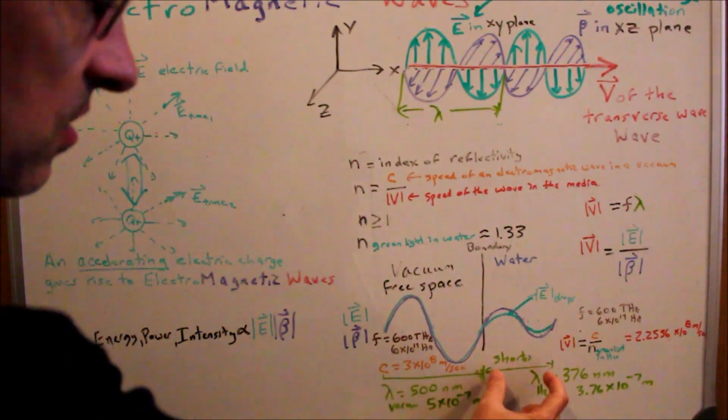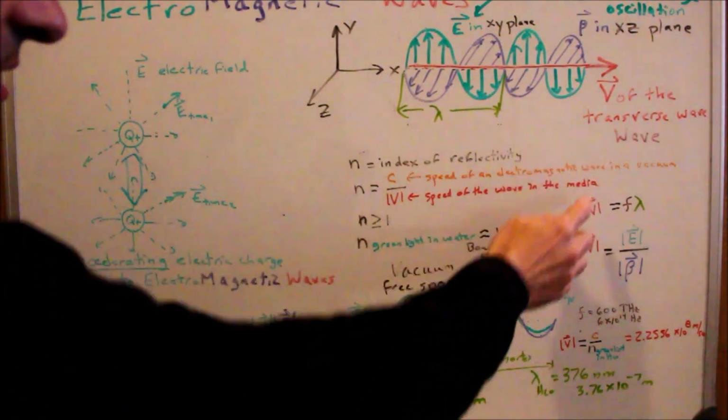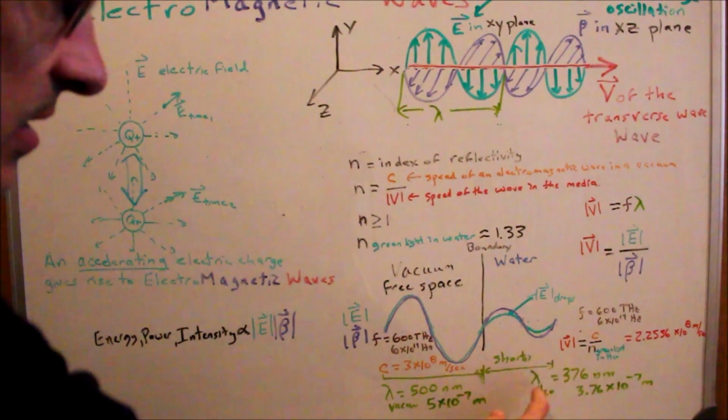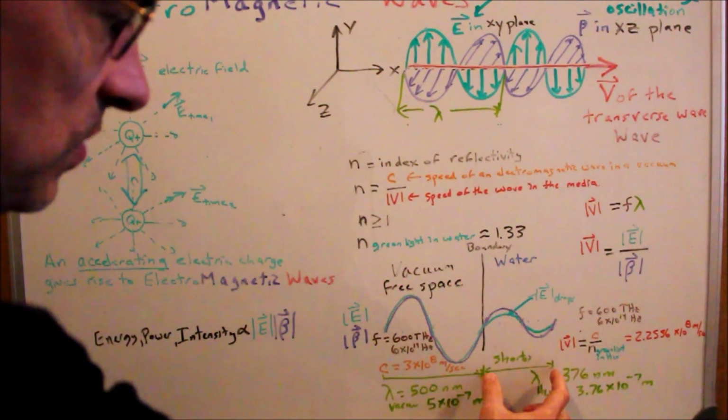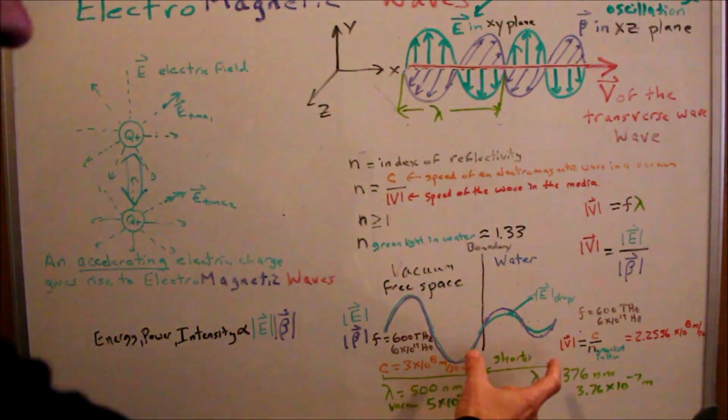I was at a bigger wavelength here and become a shorter wavelength here. So take this ratio of speed to frequency, I get a wavelength in a vacuum of approximately 500 nanometers, or 5 times 10 to the minus 7th meter. And then when I take that and divide it by 1.33, I now get 376 nanometers. So it's a shorter wavelength.